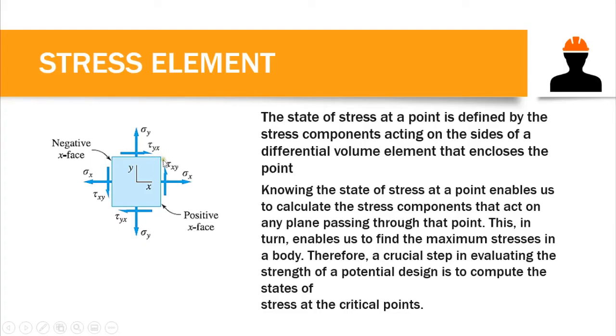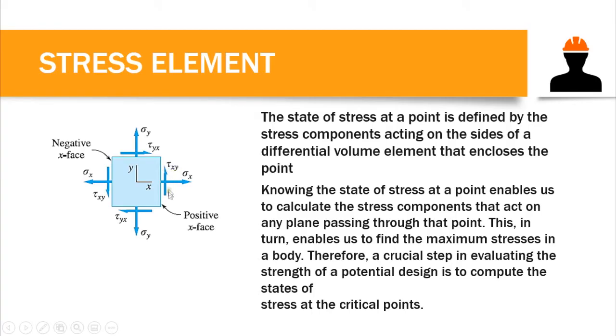Now, on this stress element, this is normal stress. X here refers to the direction of our normal stress. This is tensile, since it is acting away from the face of our stress element. And this is shear stress. Our X here represents the face of our stress element, and Y the orientation of our shear stress.